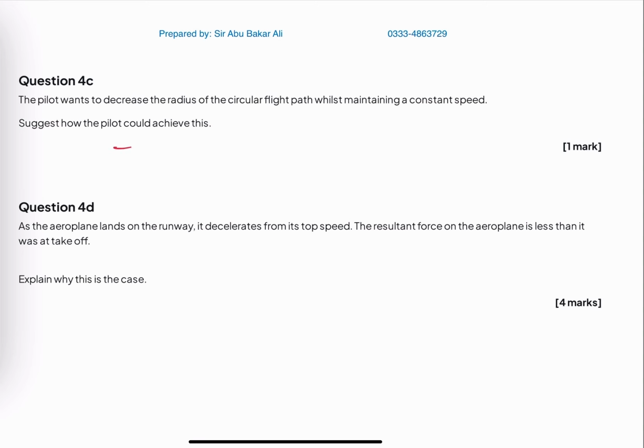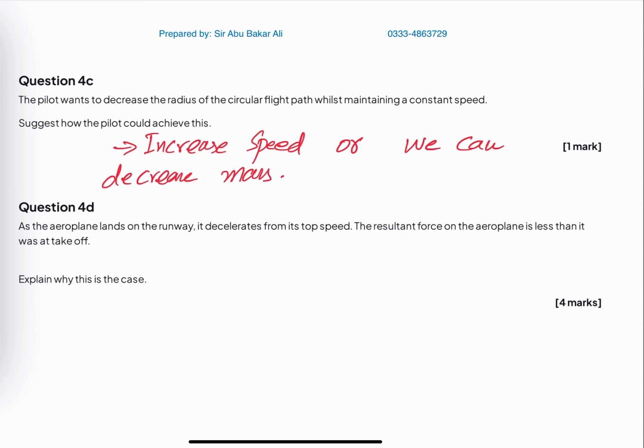So we can increase speed, and the second option is we can decrease mass. For circular motion, we know that the resultant force is directly proportional to the mass and the velocity squared, and it's inversely proportional to the radius of the circular path.